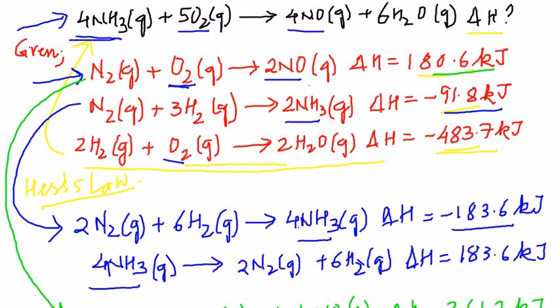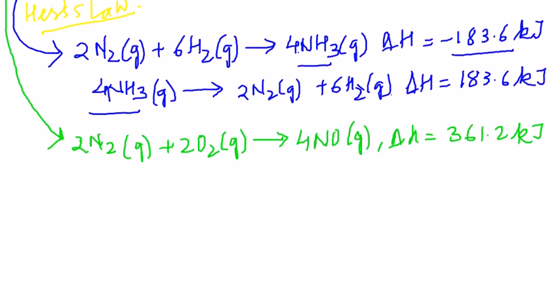So if you look at the equation out here, you figured out 4NH3, 5O2. Now you'll see that the only thing that you haven't accounted for is water, and you need 6 molecules of water. That means if we multiply this equation by 3, then you have 6 molecules of water, you have 3 molecules of oxygen, and you have 6 molecules of hydrogen. So let's do that and see what we get.